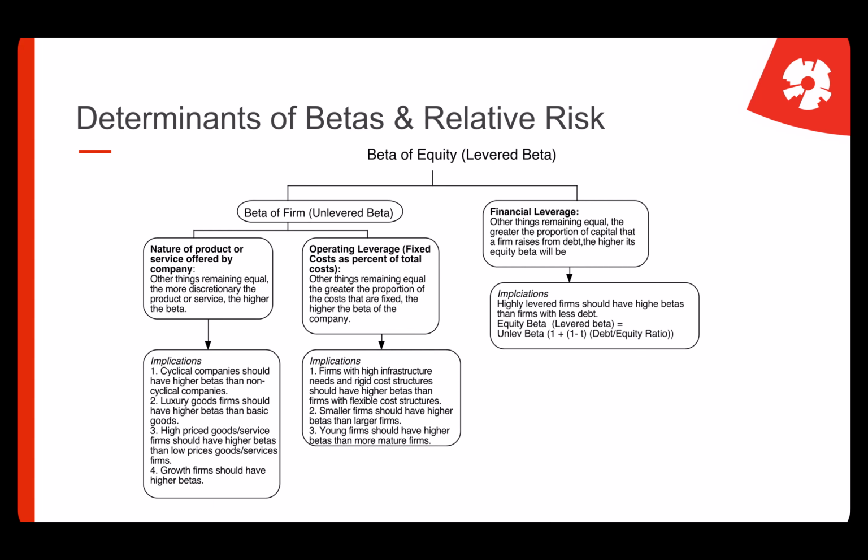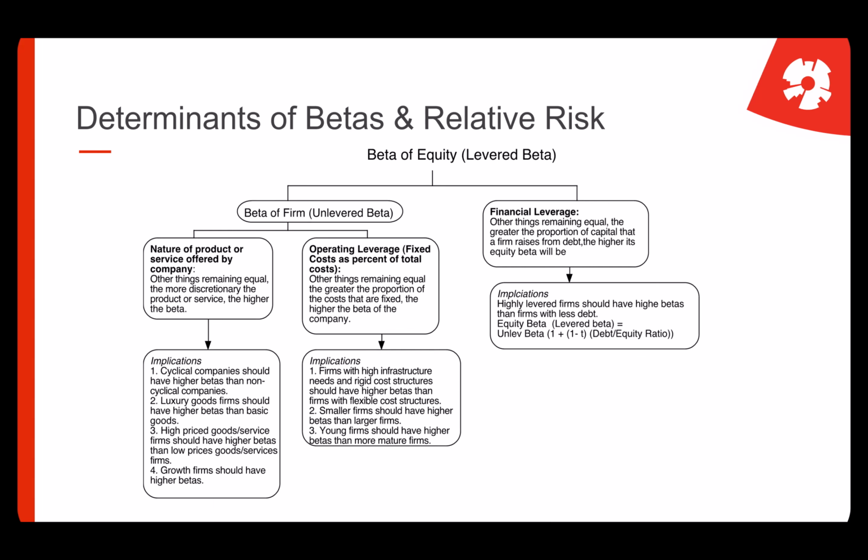Second, operating leverage. If a firm has a high proportion of fixed costs, its earnings will swing more with changes in revenue, which increases its beta. Smaller and younger companies also tend to have higher betas because they lack flexibility.